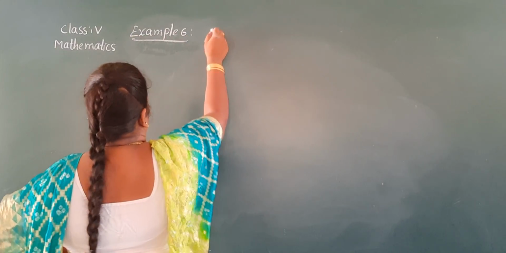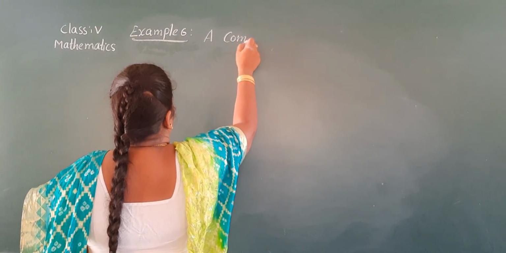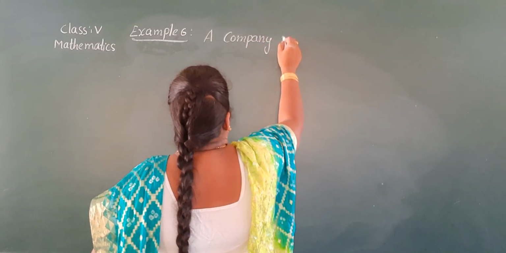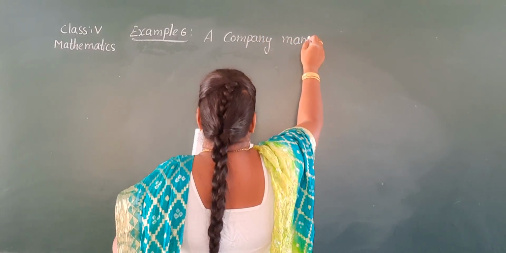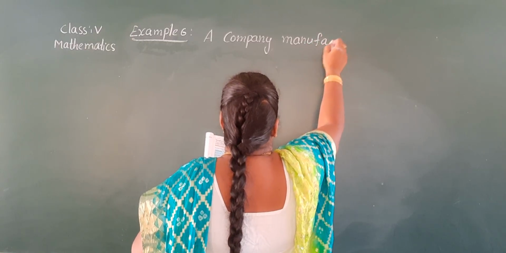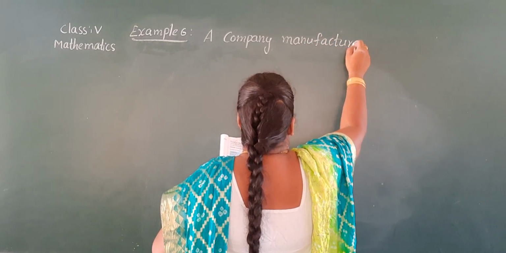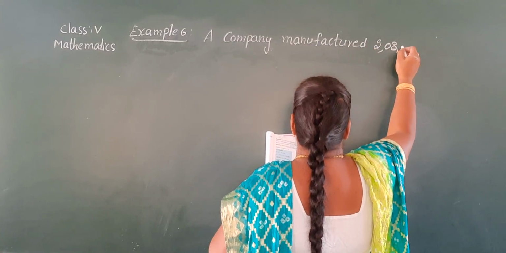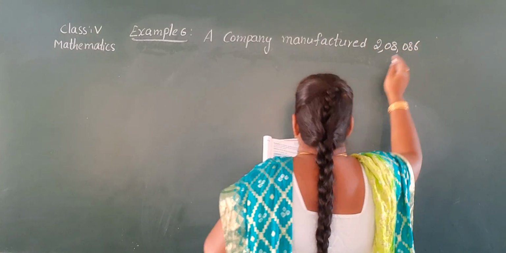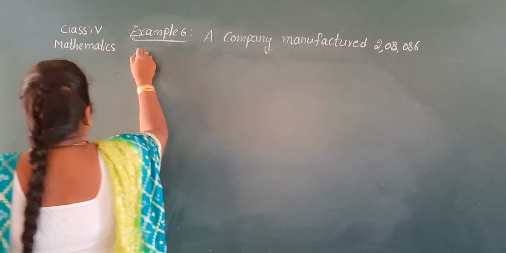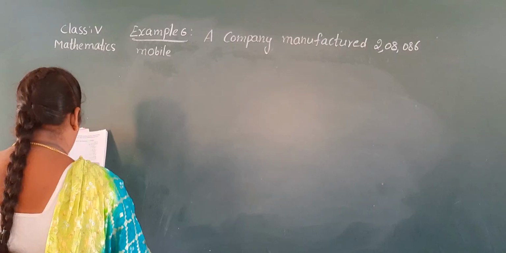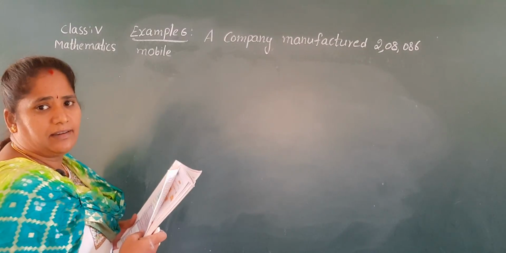A company manufactured two lakh 8,086 mobile phones. Write along with me, children, that is given in your textbook, page number 47.